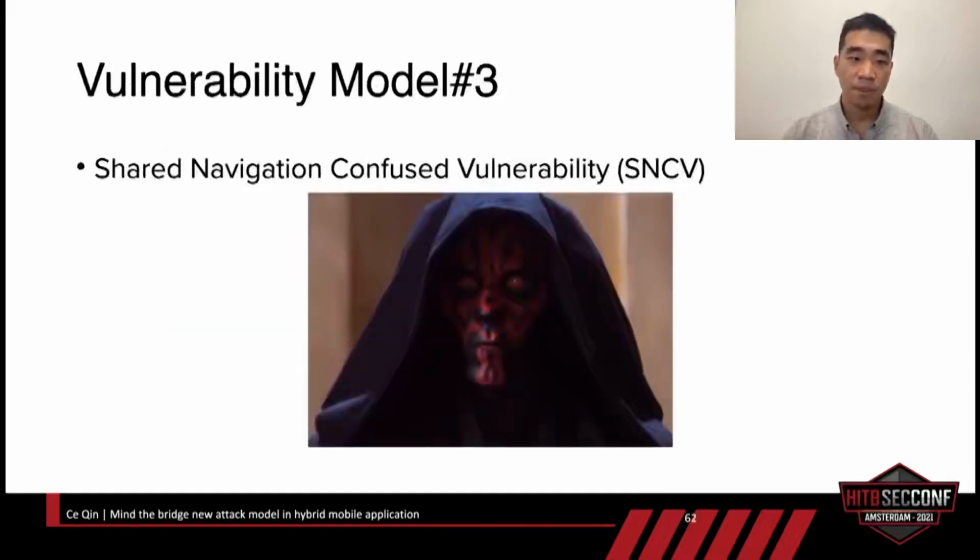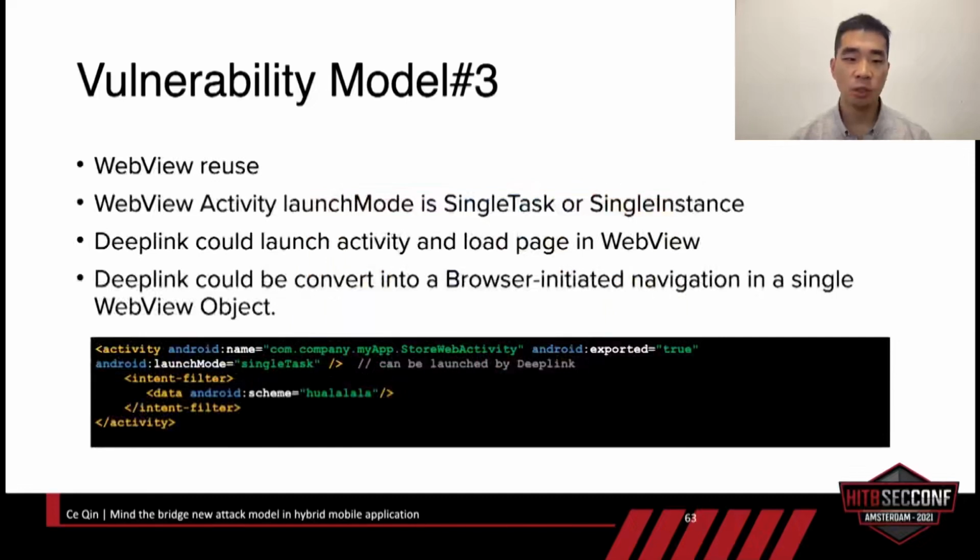Third one, shared navigation confused vulnerability. Compared to the last two models, this one is more puzzling. If the launch mode of the activity holding the web view is singleTask or singleInstance, the web view could be reused.